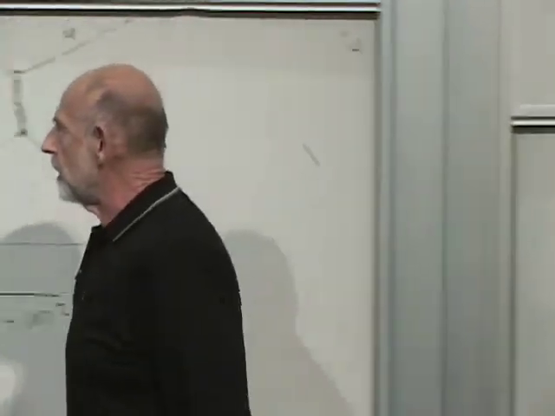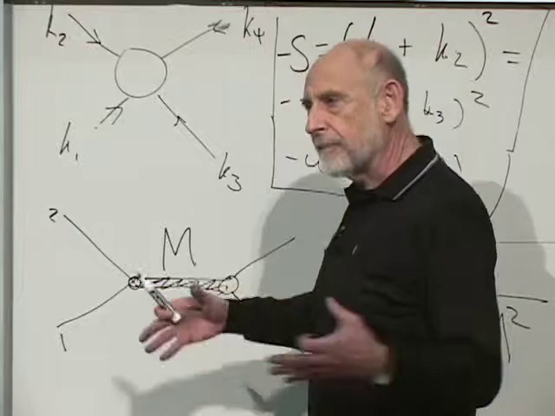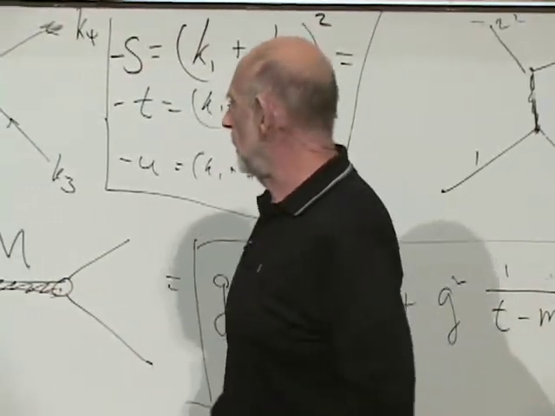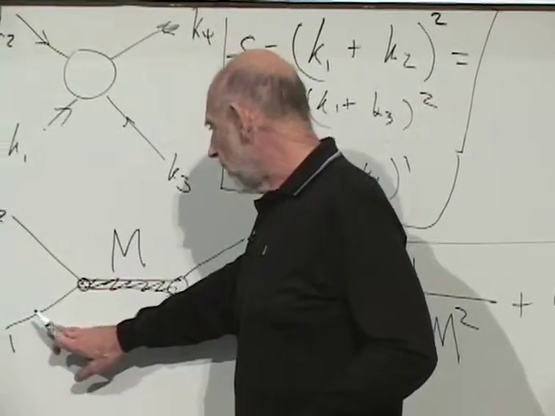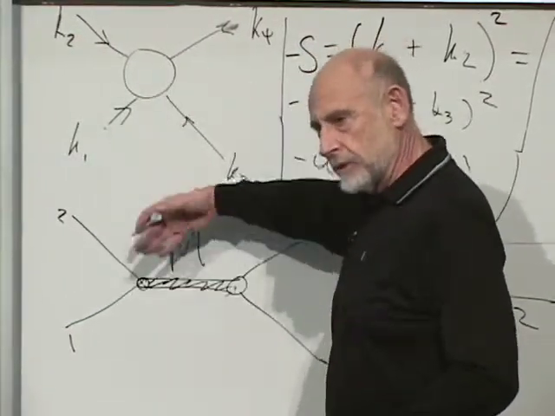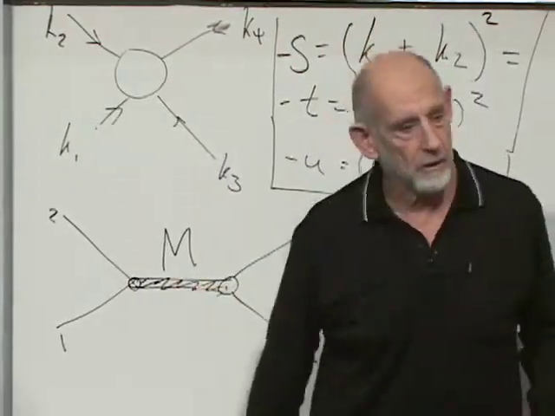It's too easy to excite higher vibrations of these particles here, and when two particles collide, they could make some ground state, they could make some first excited state, they could make some next excited state, they can make a whole raft of different particles that can go in there.